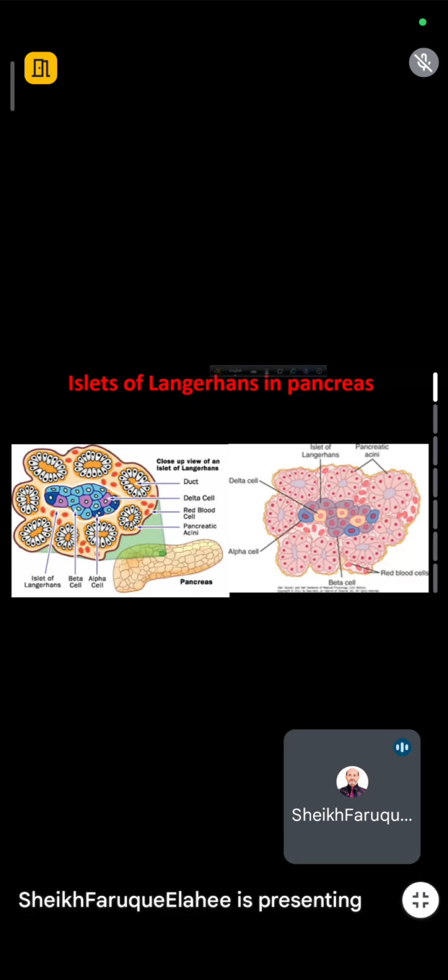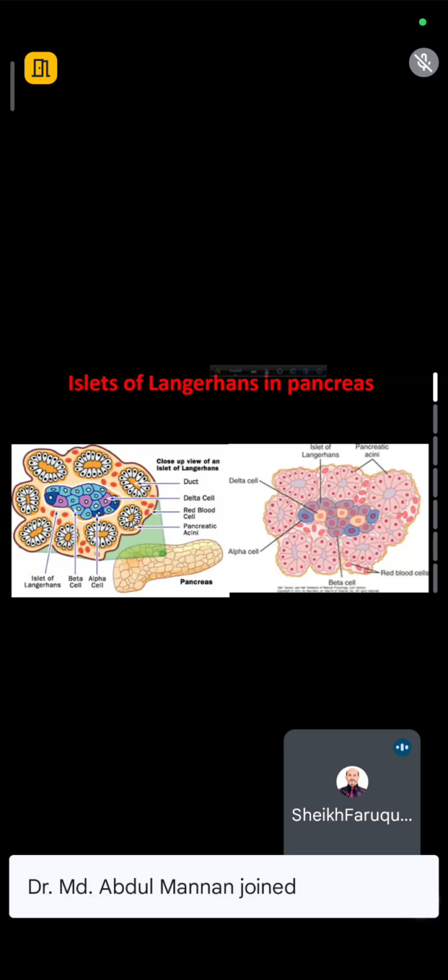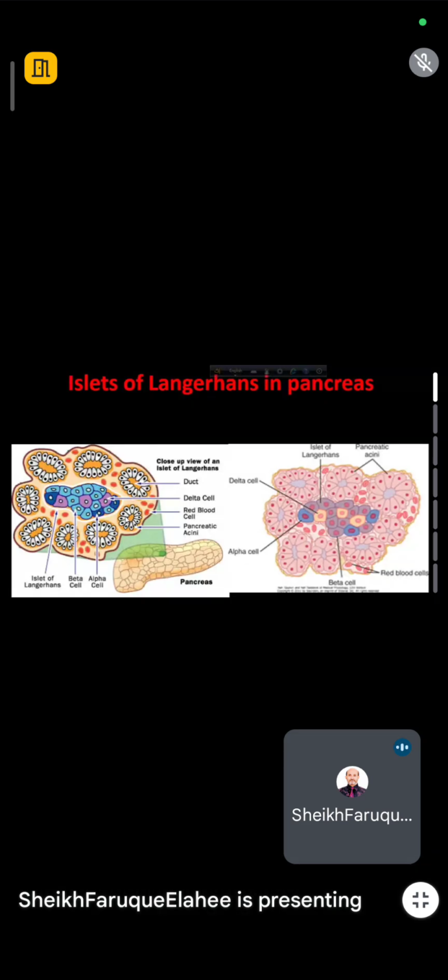And the exocrine glands secrete their juice or product into a duct. This duct comes and opens into, say, the intestine or somewhere. So exocrine means ducted gland, and endocrine means ductless gland. And the pancreas is a mixed gland. It has both exocrine gland and endocrine gland. We'll see afterwards.